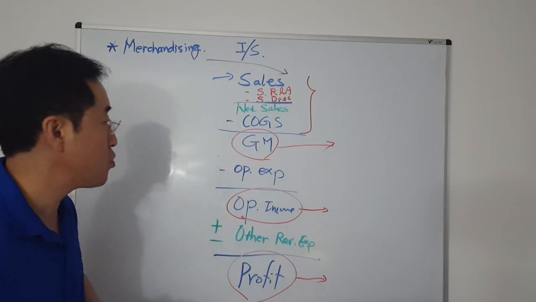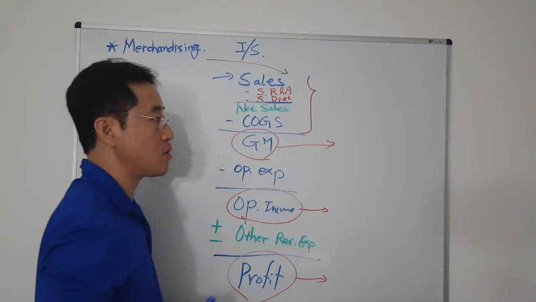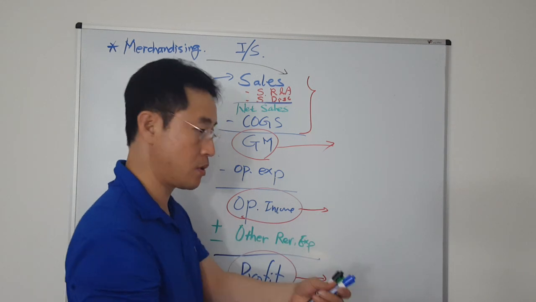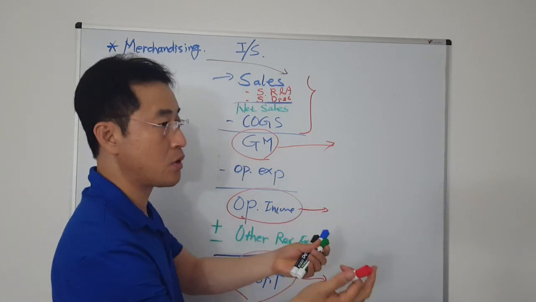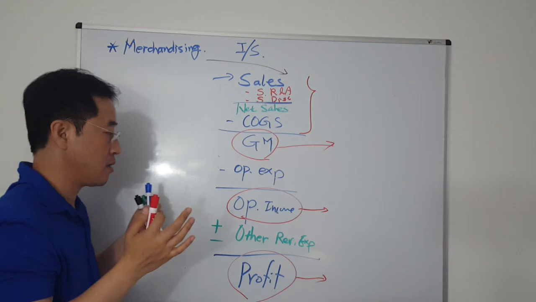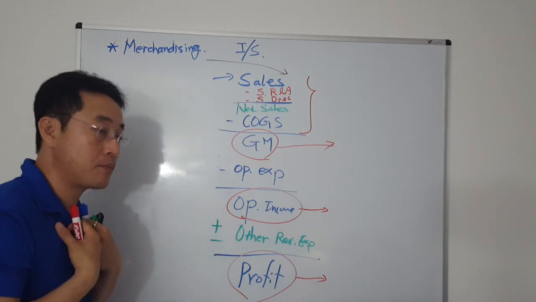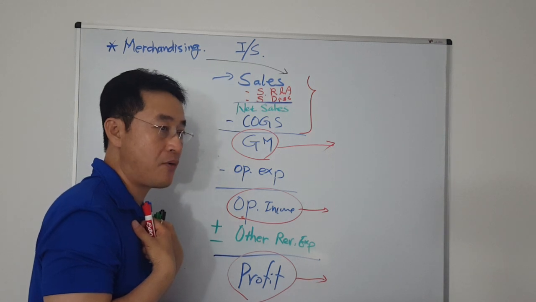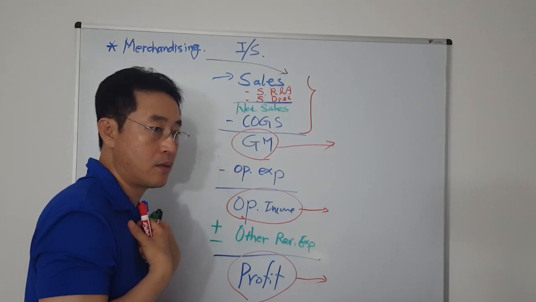What's other revenue? Let's say our business is merchandising. We are selling our products to purchase. That's merchandising. But actually, my parents inherited the building of the company.